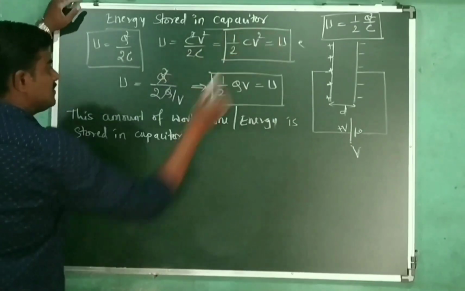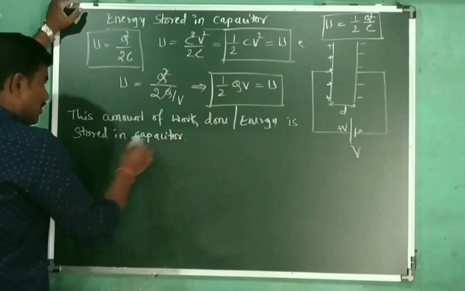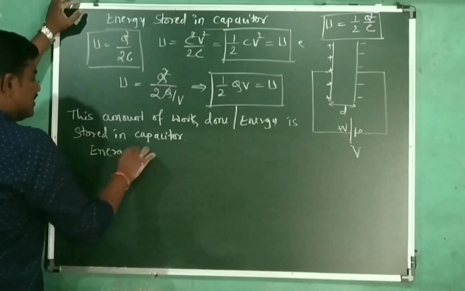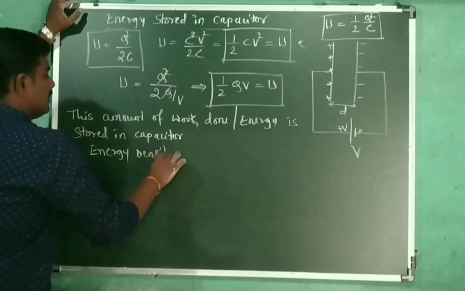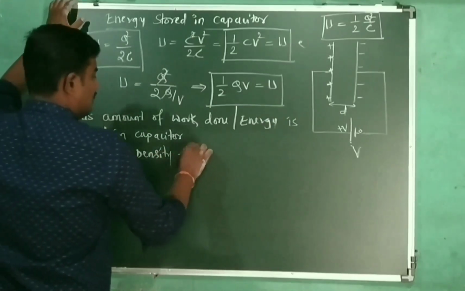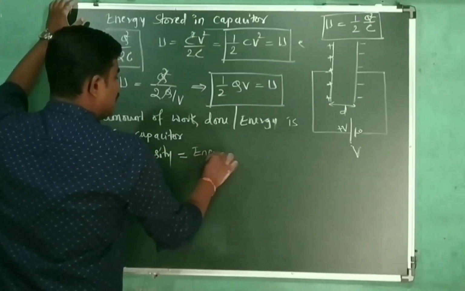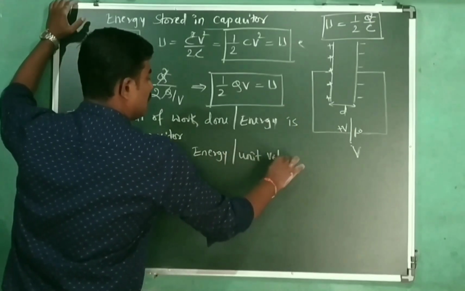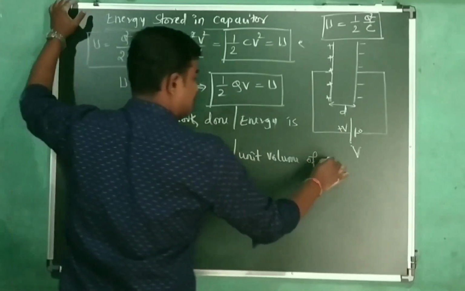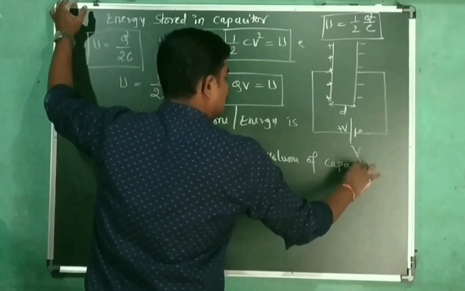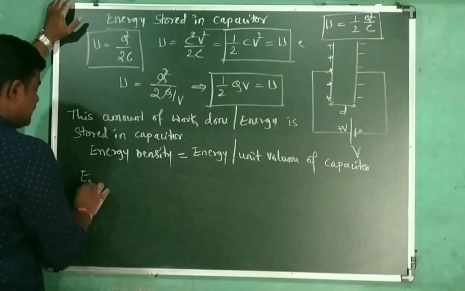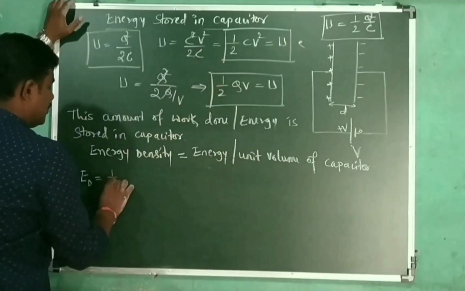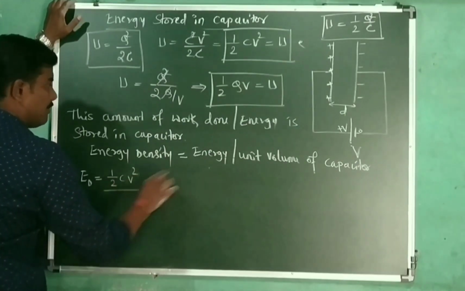In addition to this, one more formula, one more small derivation, that is energy density. Energy density is energy per unit volume of capacitor. Energy density ED is equal to energy stored in capacitor, 1 by 2 CV square, divided by unit volume.